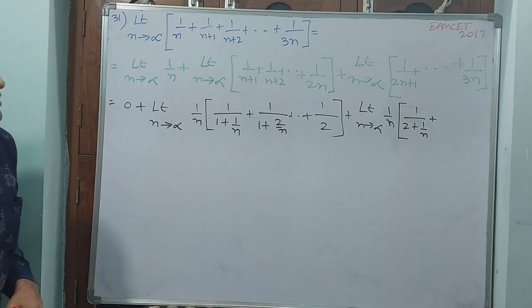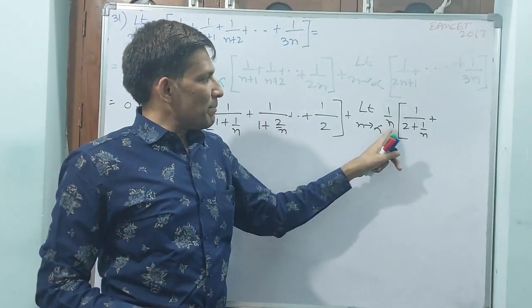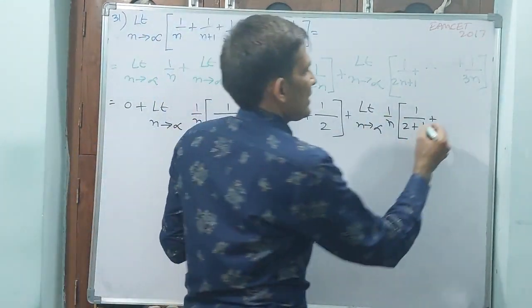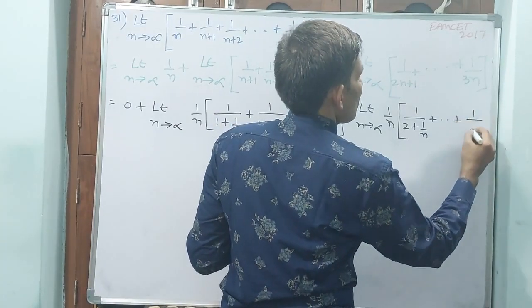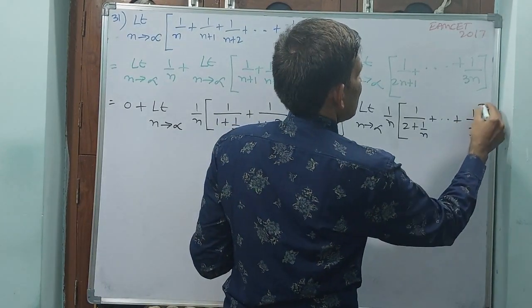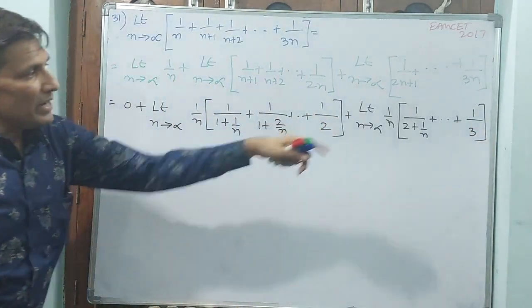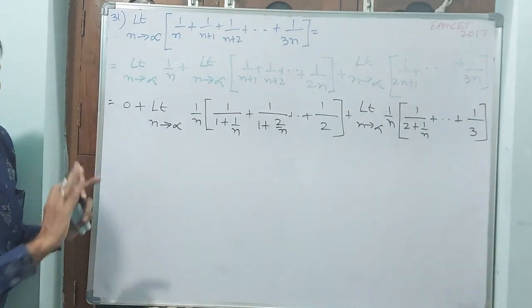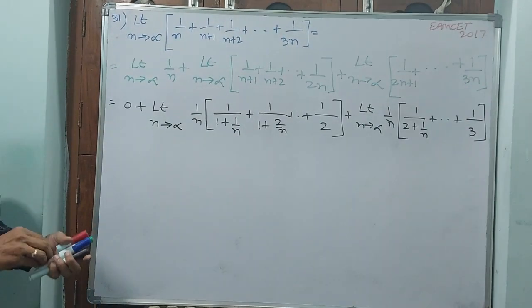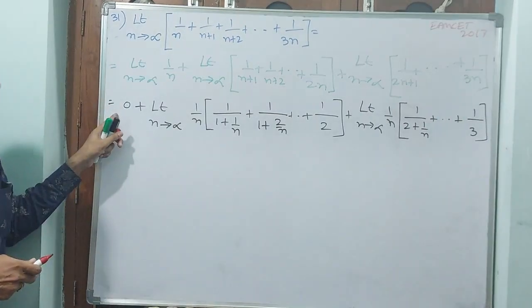Is it okay? Definitely okay. Why? Because 2n plus 1, like this it will go up to 1 by 3, 1 by n into 3, 1 by 3n. That's all. Okay, over? Yes. Now come back again. This is 0, we need not write.